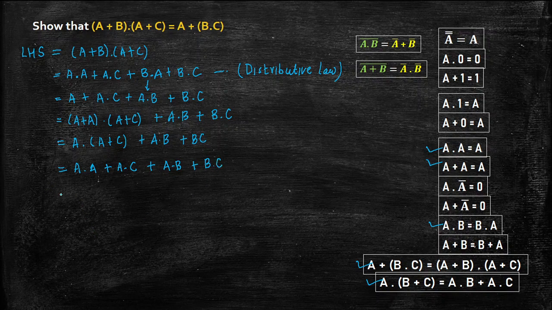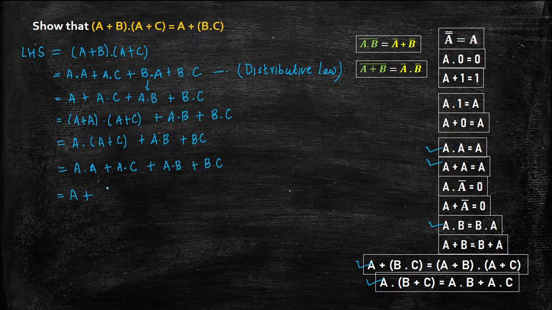So therefore now A dot A is same thing, it's A only, plus, right, A dot C. So A dot C will be again added.